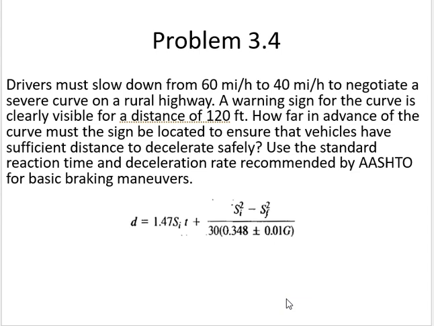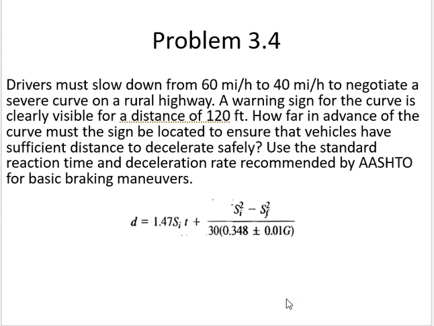Right? A driver must slow down to go from 60 to 40 miles per hour on a sharp curve. I mentioned that visibility is the most important standard. So if visibility is not enough, then we can even reduce the speed, which you see over here. On this road, the speed was 60.